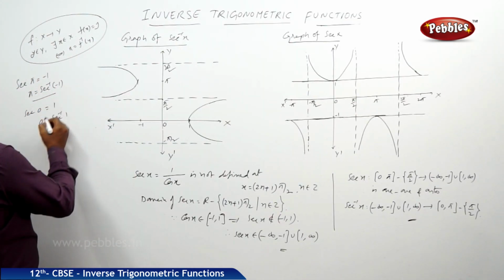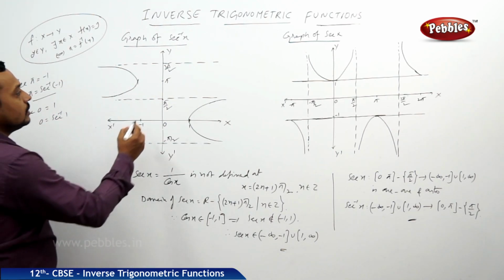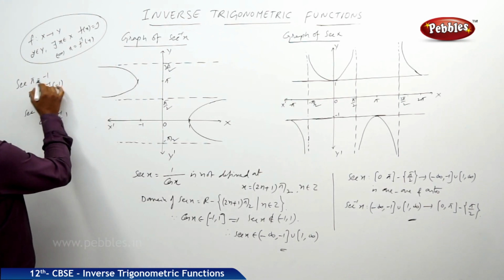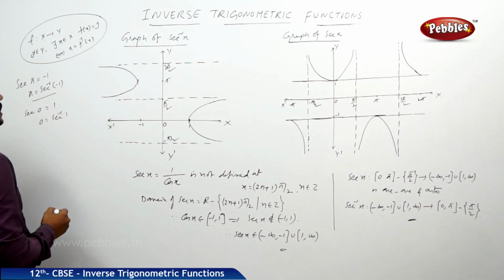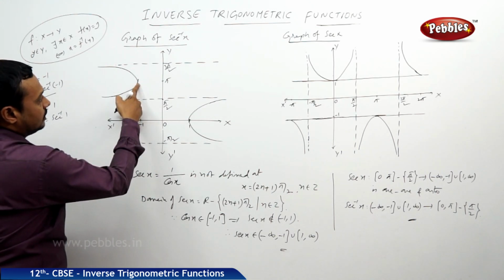At minus 1 the secant inverse value is pi.